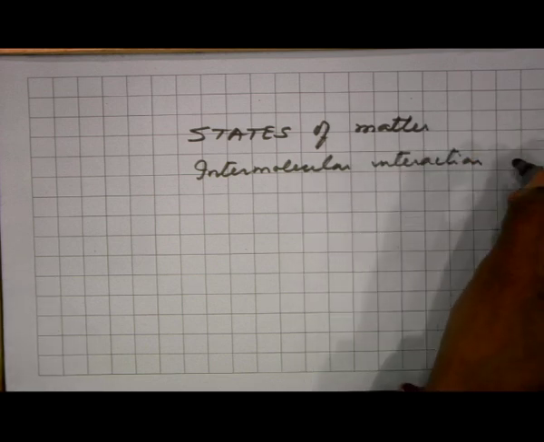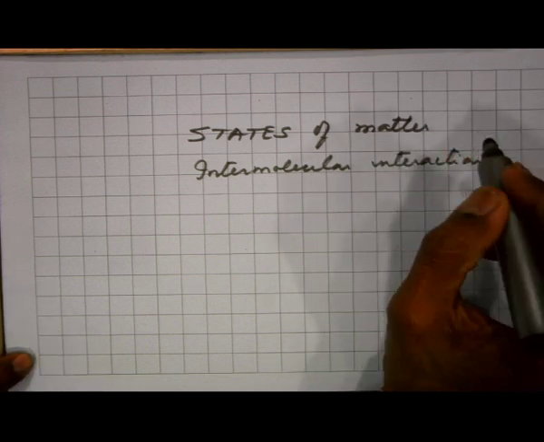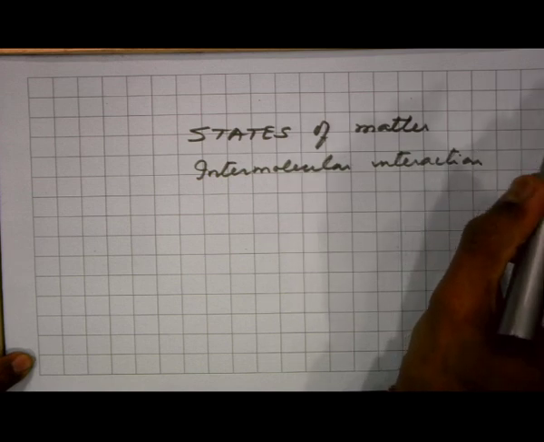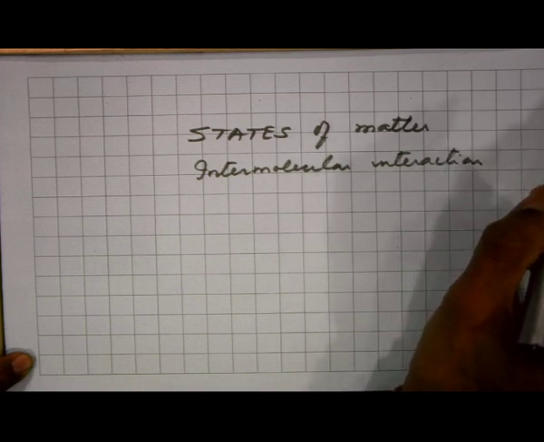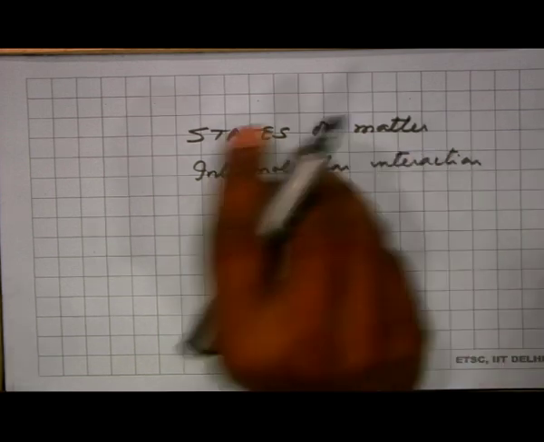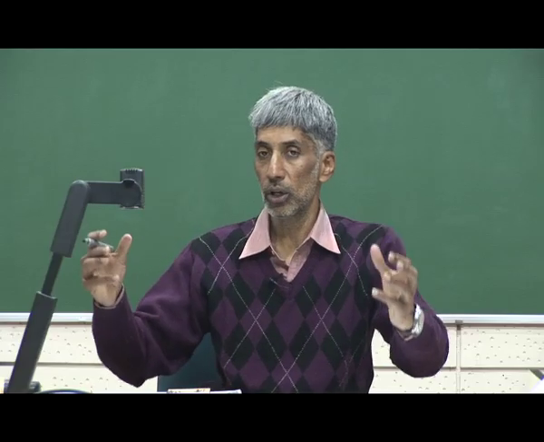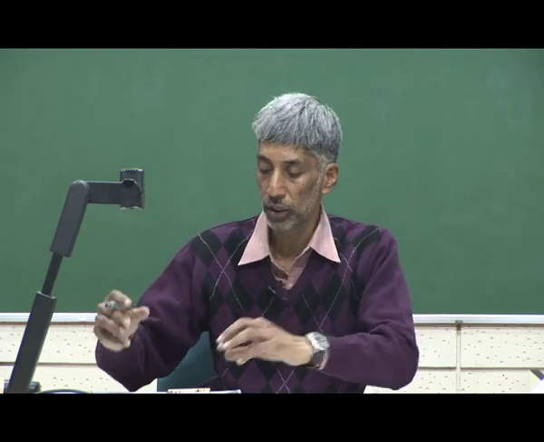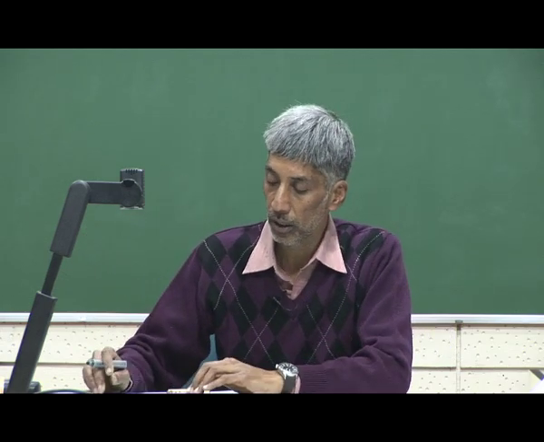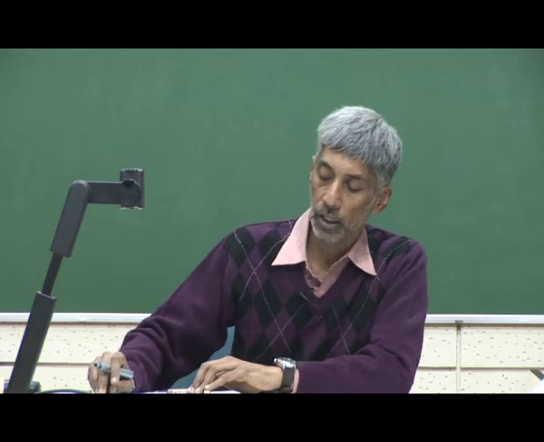So, liquid or solid is present when you have larger intermolecular interactions over the thermal energy. So, it is an interplay between intermolecular forces and temperature which determines whether a substance is in the condensed phase or not.